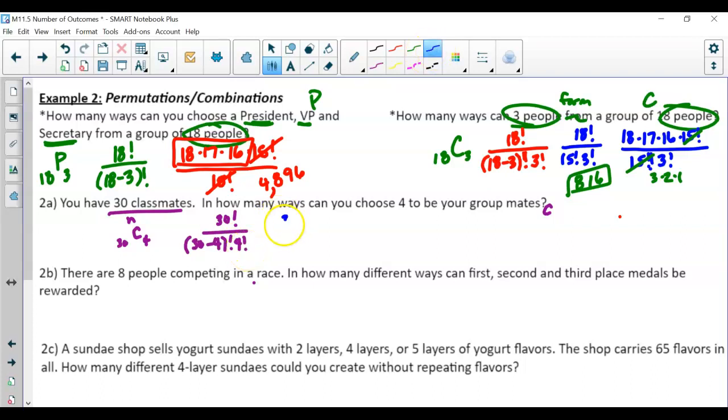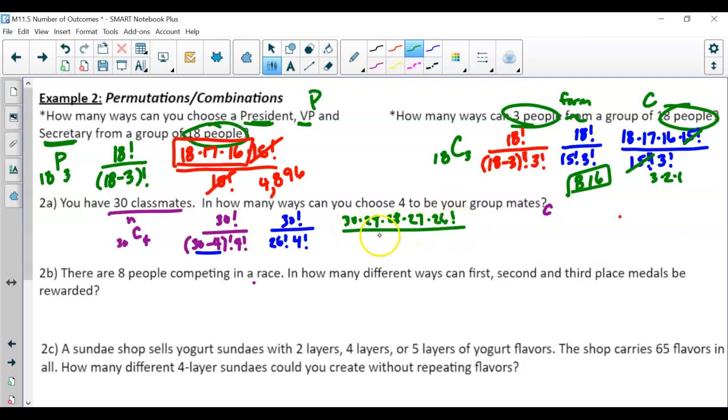So this is, if you notice, right, 30 factorial divided by 26 factorial, from 30 minus 4, times 4 factorial. So now when you solve, you have 30 times 29 times 28 times 27, but then times 26 factorial, right?